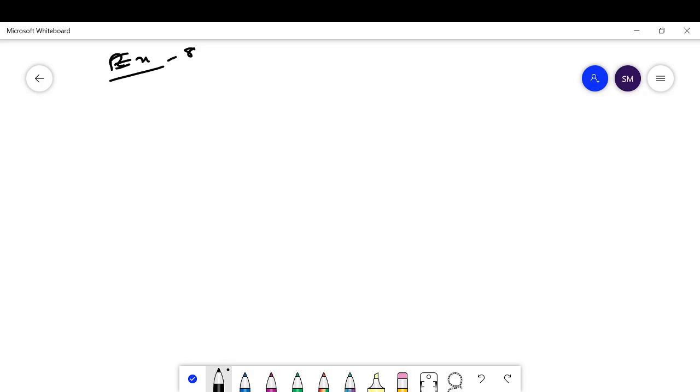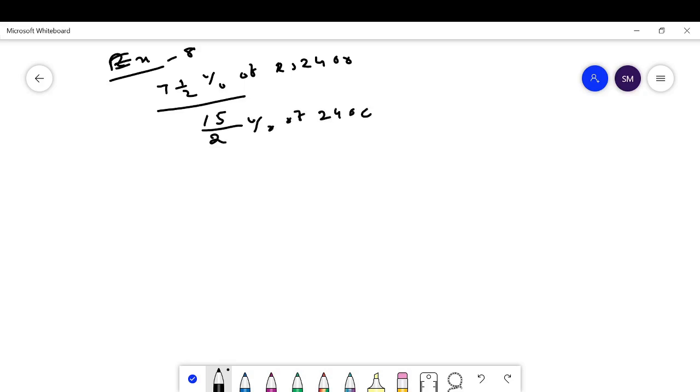Find 7 whole 1 upon 2% of rupees 2400. 7 whole 1 upon 2% means, at first, convert it into an improper fraction: 15 upon 2% of rupees 2400.